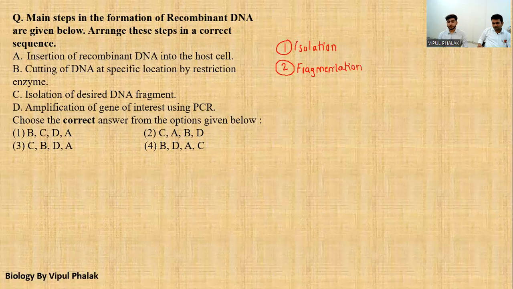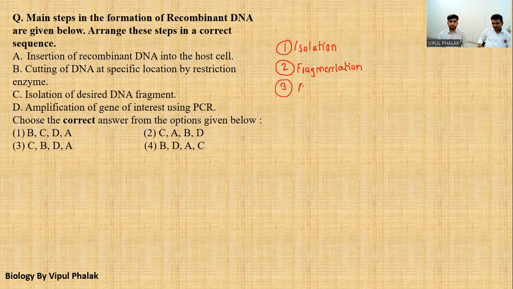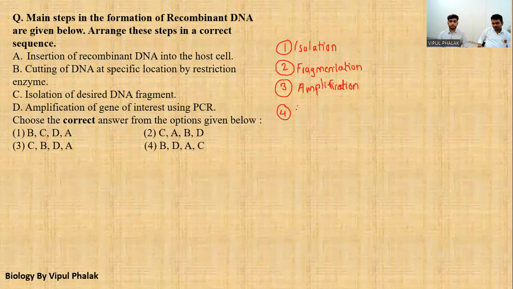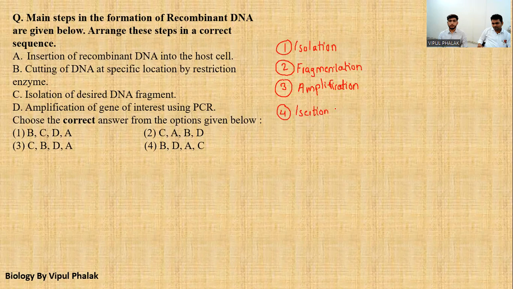Commonly, a restriction enzyme is used because it cuts the DNA at the place of the recognition site. Third step is amplification of DNA through PCR, polymerase chain reaction. And fourth, we insert the DNA into the host cell. So insertion into host cell.